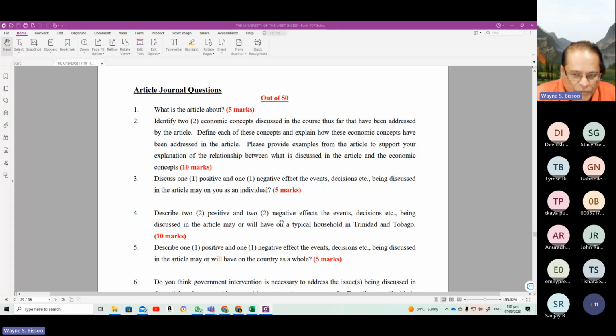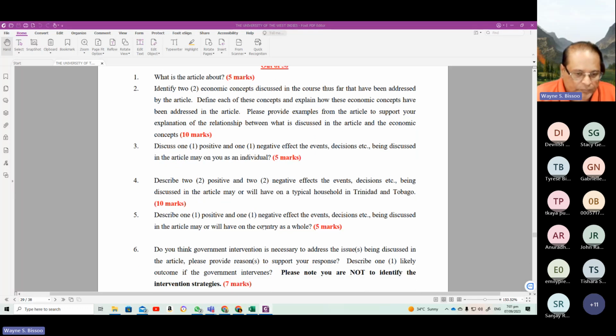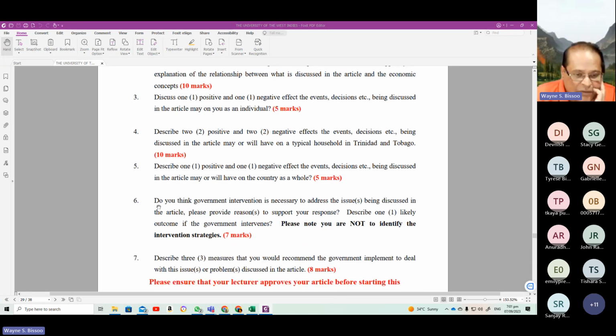Describe 2 positive and 2 negatives that will affect a household. Describe 1 positive and 1 negative effect that will affect the country as a whole. And answer the question, do you think government intervention is necessary in addressing this issue?